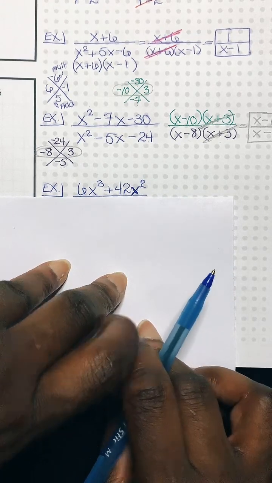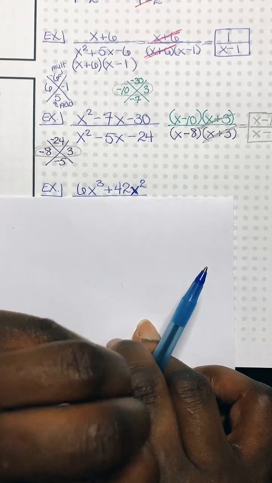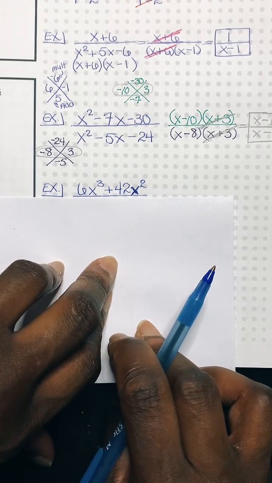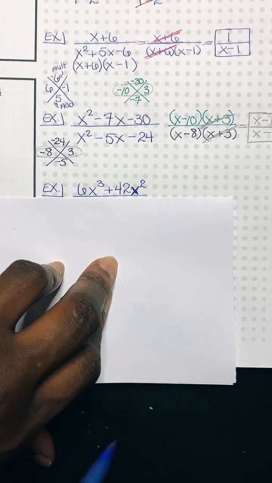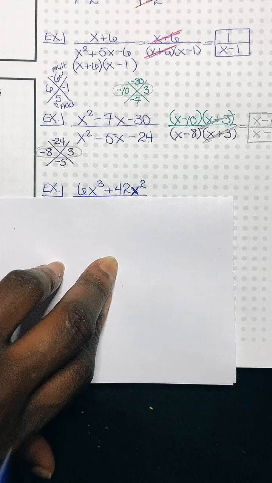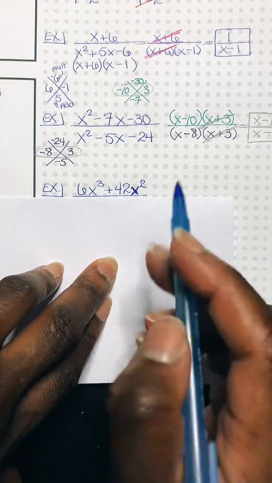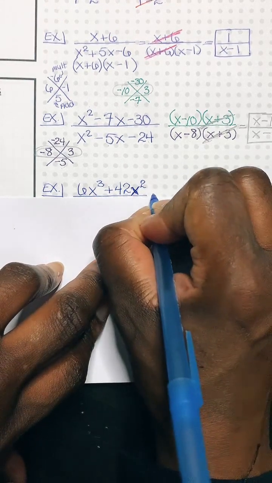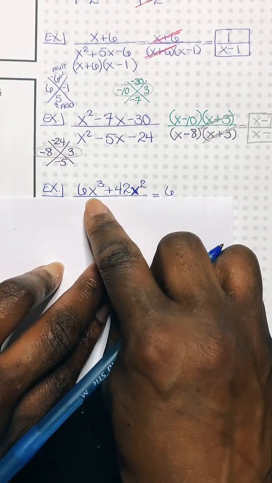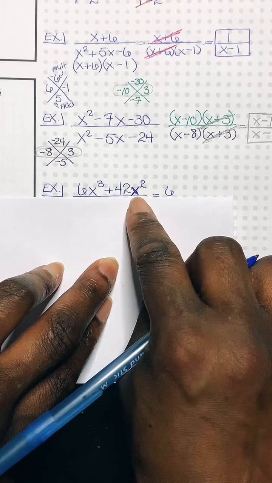All right, so I have some coefficients, I have some x's, I have a 6x squared. All right, so 6 and 42, they both have 6 in common. There are 3 x's here. There are 2 x's there.